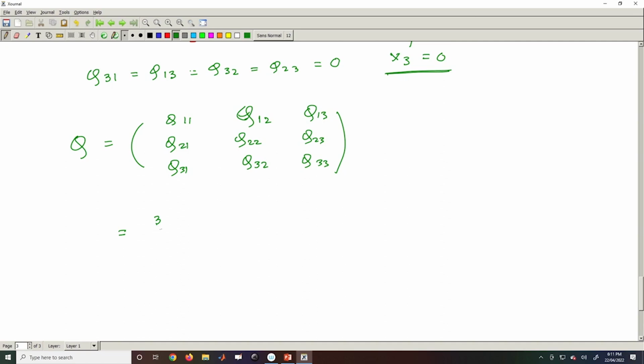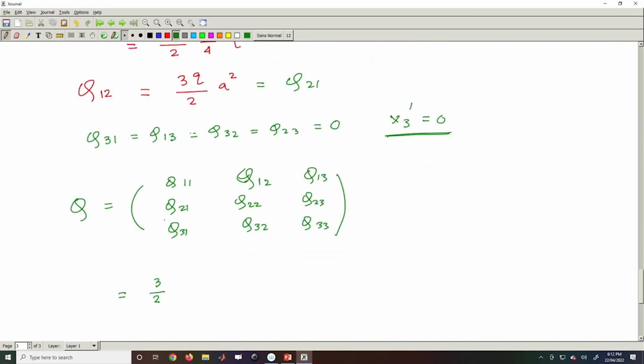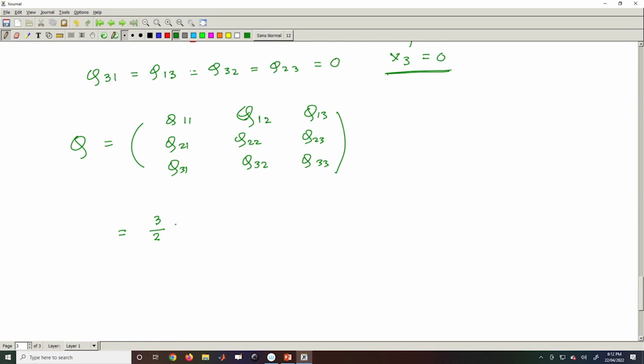This seems to be 3 by 2 q a square, and I should have 0, this value is 1, this is 0, this value is 1, this is 0, 0, 0, 0, 0. This is the value of the quadrupole moment of this system.